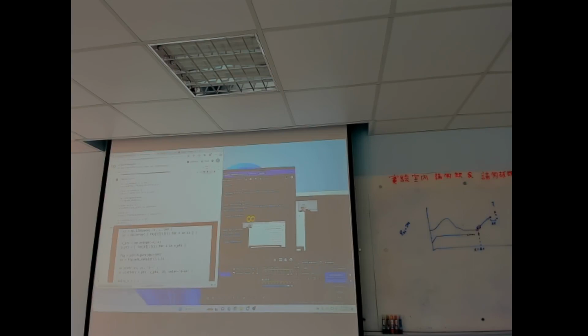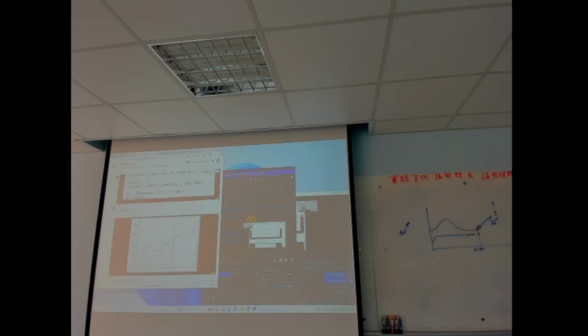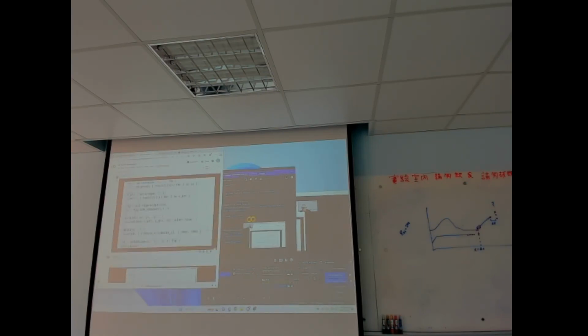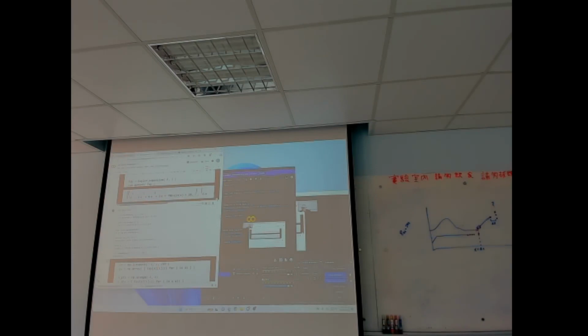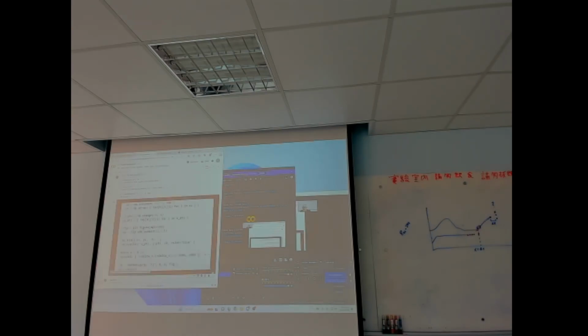Yeah, 1.2, 1 plus 0.2. So I can change that, make that 0.25 to shift the red line a little bit to the right.